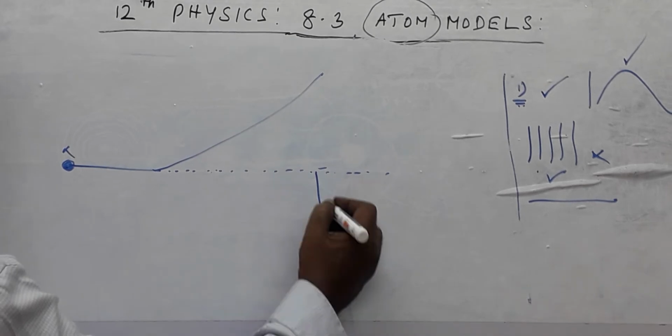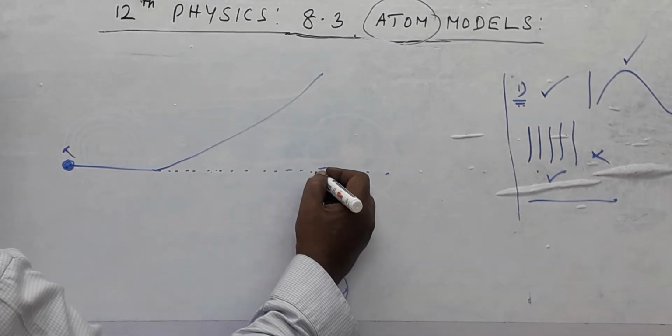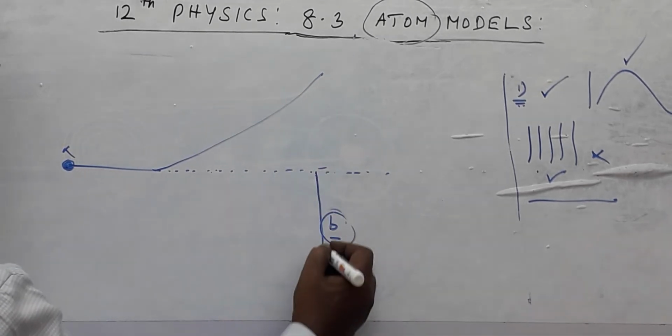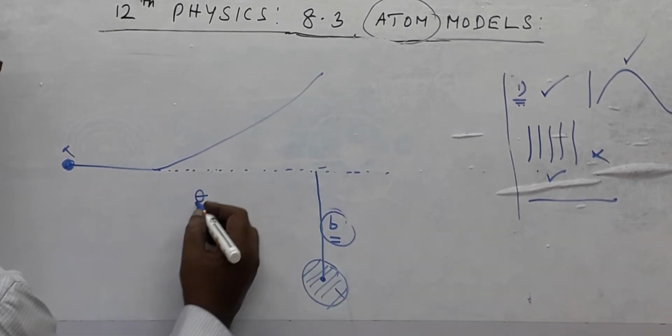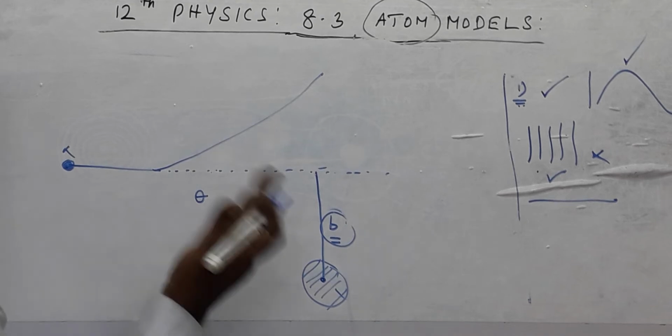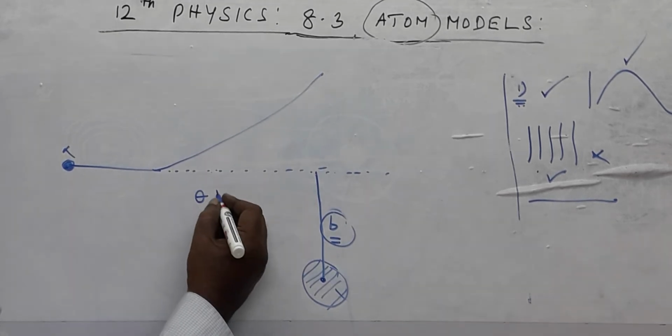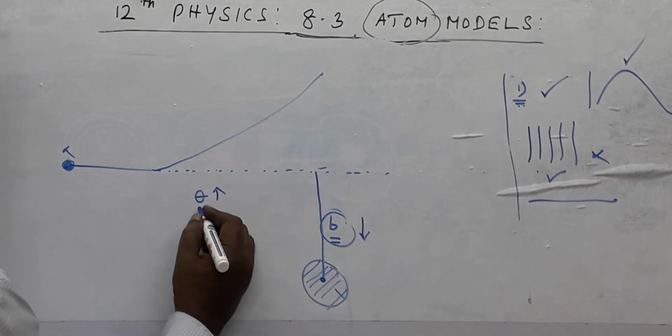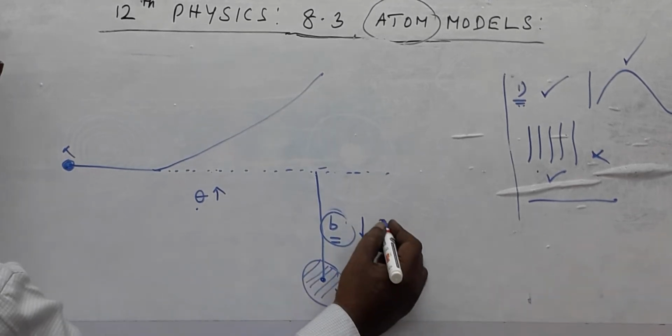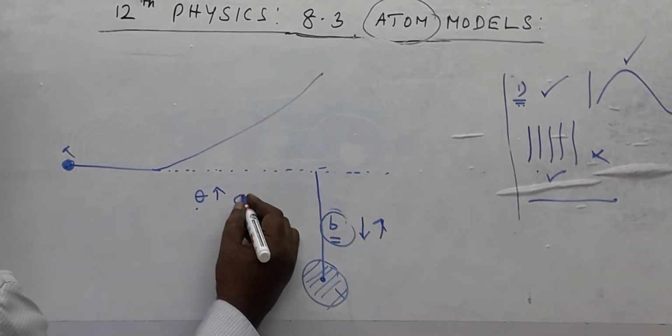When you reduce the impact parameter, the deflected or scattered angle becomes high. When b is less, theta is high. When b is high, theta is less.